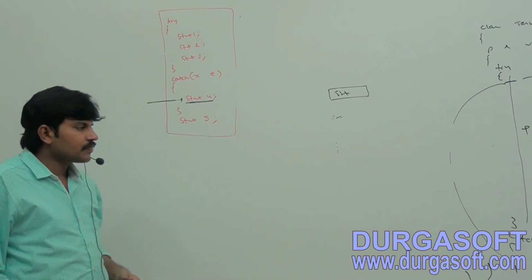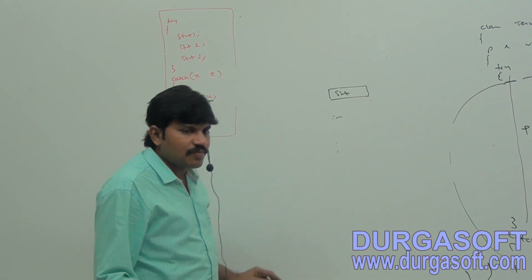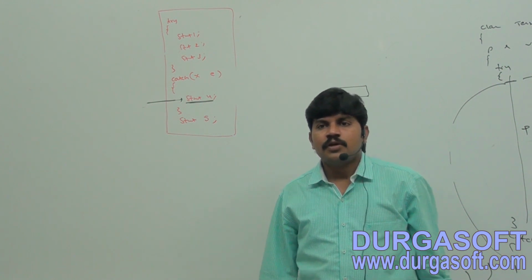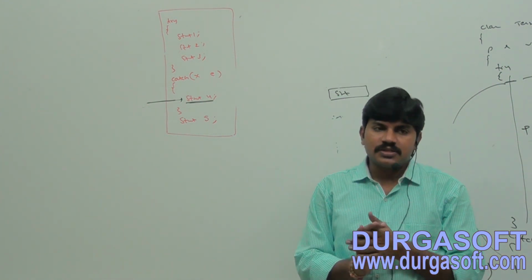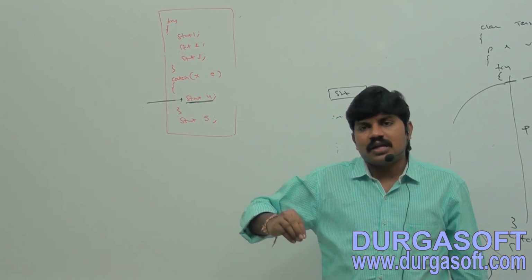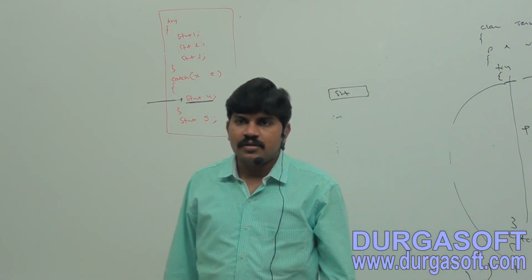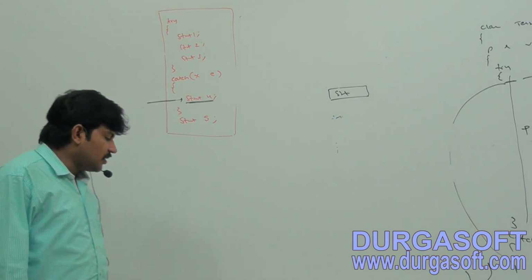If an exception is raised at statement 4 or statement 5, then it is always abnormal termination.